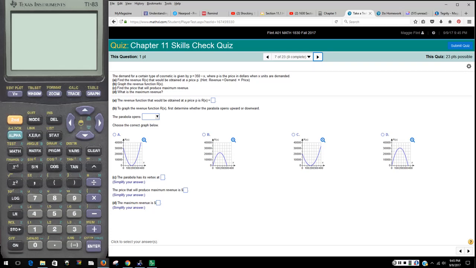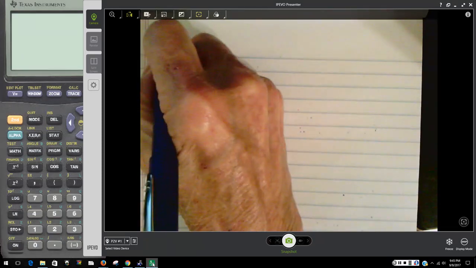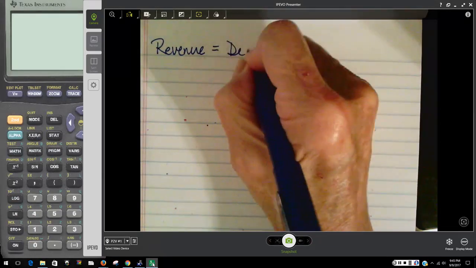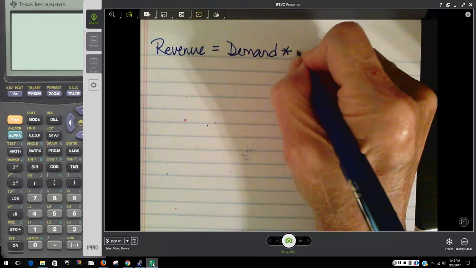So switching for a minute to the document camera, get my paper straightened up here. One of the basic formulas that you always have in business is that revenue is equal to demand times price.